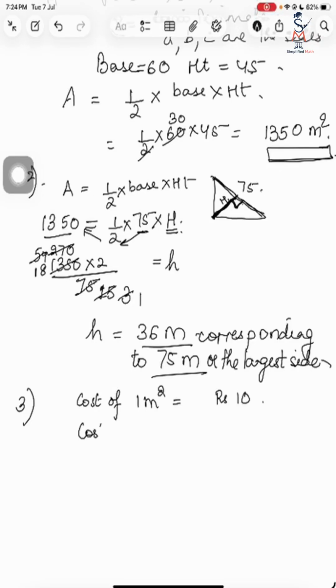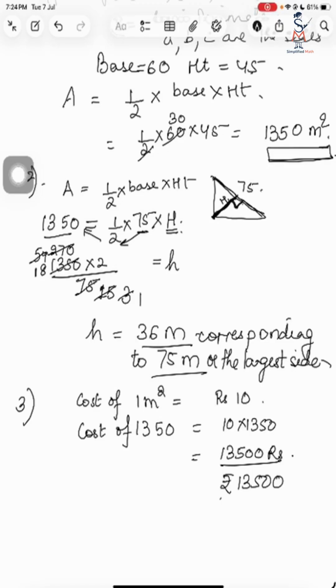So what is the total area? 1350, so it will be 10 into 1350, right? So it will become 13500 rupees. Fine. We'll put the rupee sign, 13500.